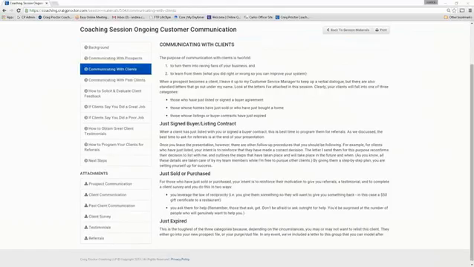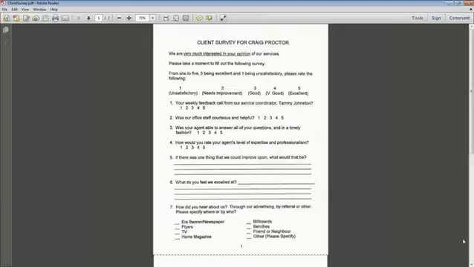Now, once someone has sold their home with you or they purchased a property, we send them a survey and we send them a congratulations letter and we create further reciprocity. I actually give them a free dinner, a gift certificate to a restaurant for a free dinner. It's a $50 gift certificate, and this creates reciprocity.